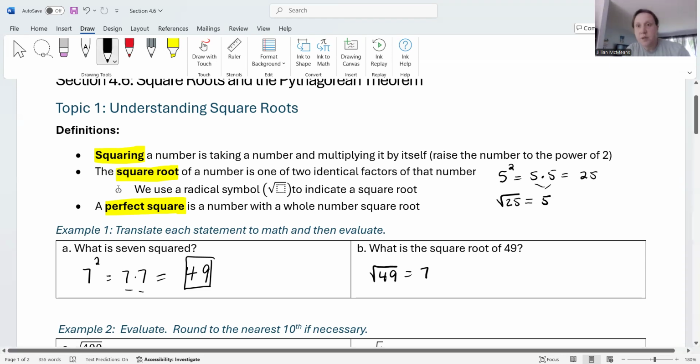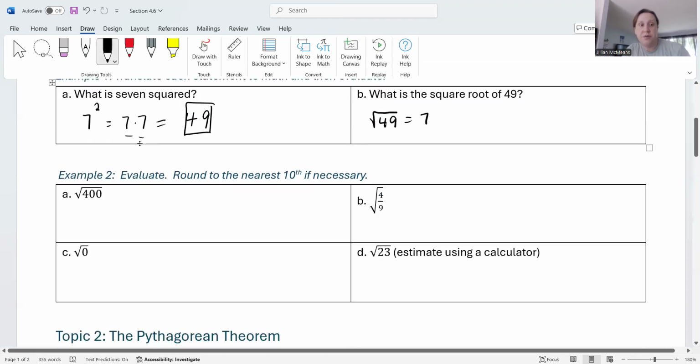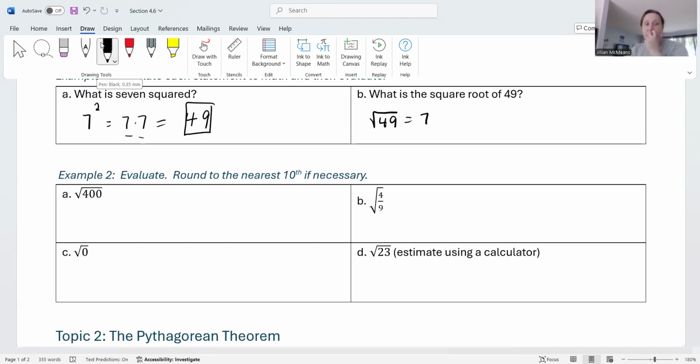Now let's look at evaluating some square roots. Example 2 says evaluate, and then it says round to the nearest hundredth if necessary. I'll tell you this, you do want to become familiar with, say, the first 15 or 20 perfect squares, because you're going to see those a lot, and if you memorize them and just know them, it's going to save you some heartache and some time. I happen to know that 400 is a perfect square.